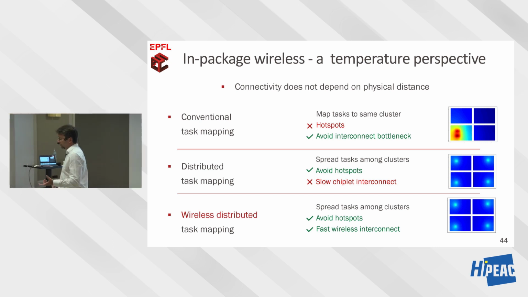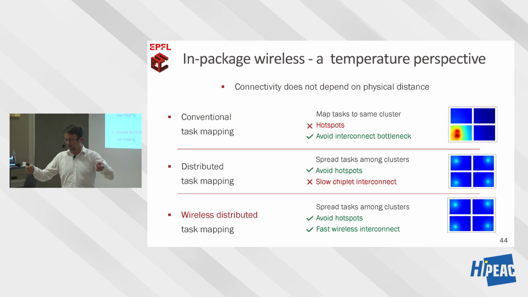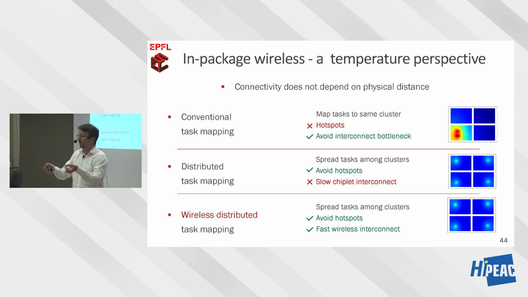If you have wires connecting different processors, you want the communication to be between cores which are physically close to each other, because the longer the wire, the longer it will take to communicate data. But if you have a wireless link, then the physical distance doesn't matter anymore as long as you're in range.